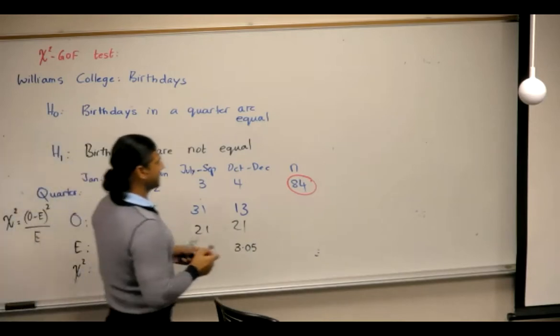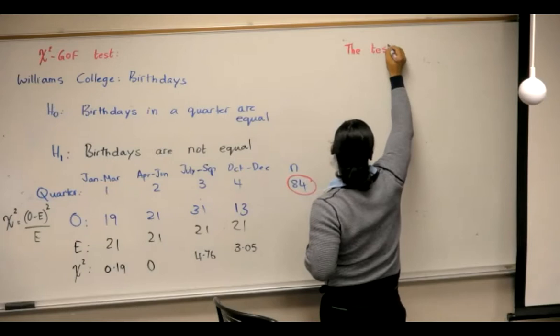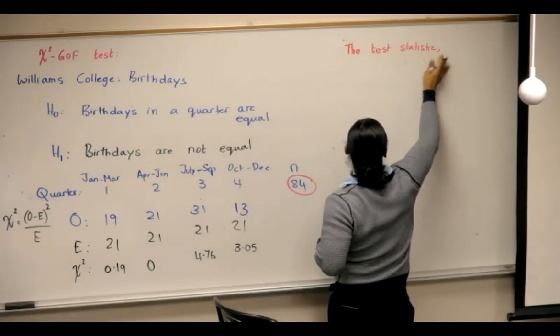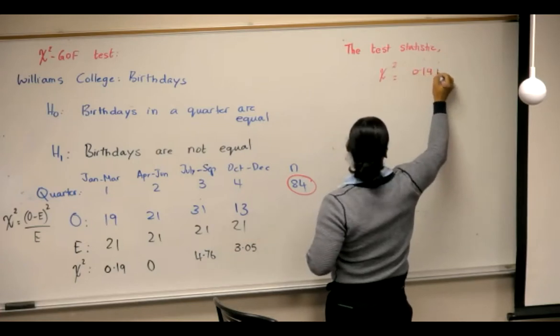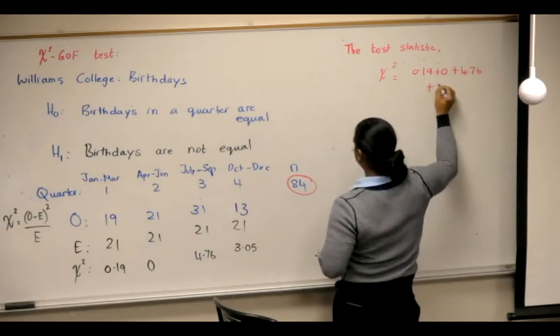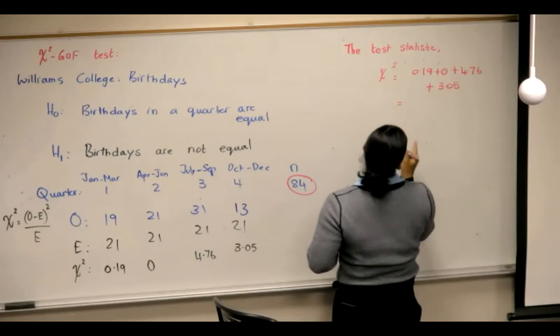The test statistic is simply the sum of all chi-squares. So 0.19 plus 0 plus 4.76 plus 3.05. And what do we get? 8.